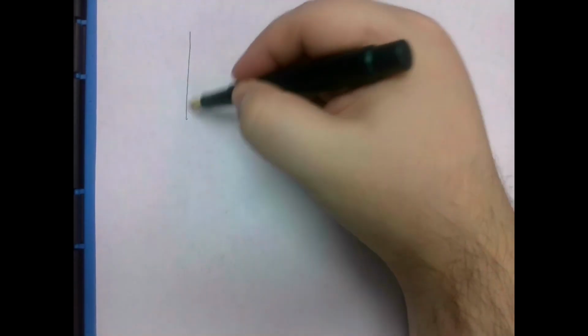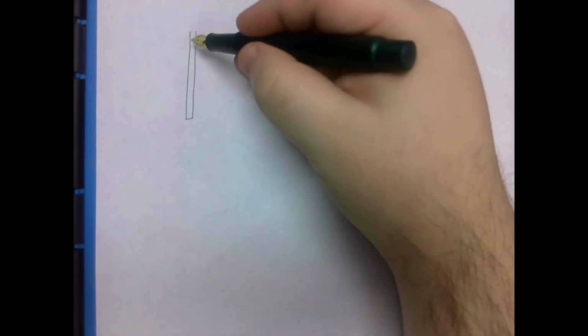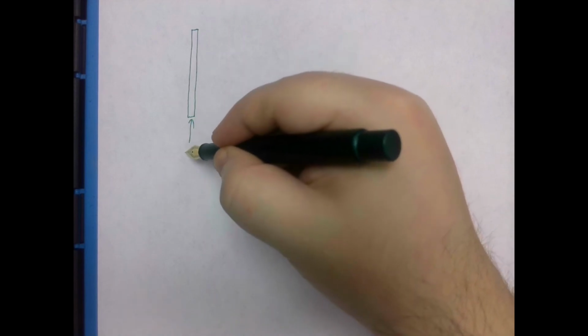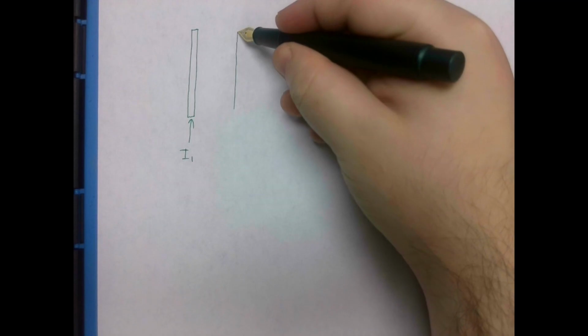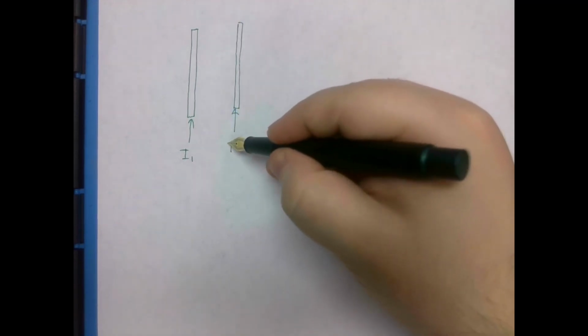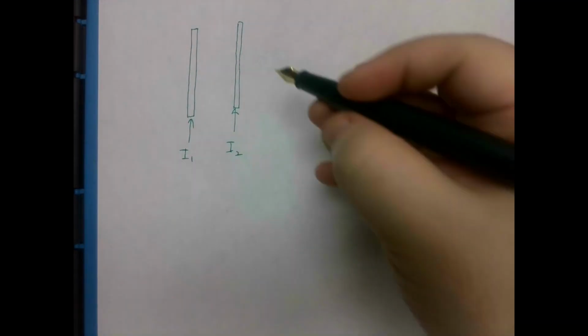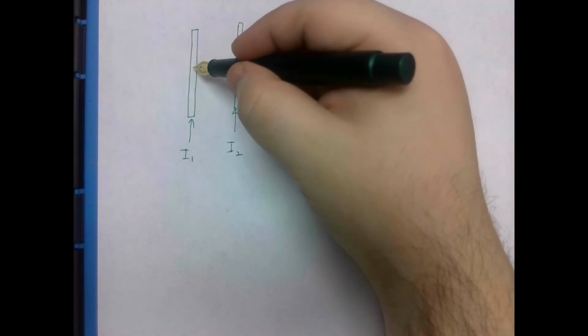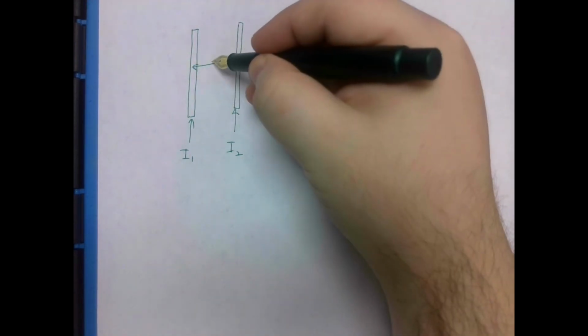So let's do a problem. Let's say I have 2 wires. Going through this wire is I1, and going through this wire is I2. And they're at a distance r.